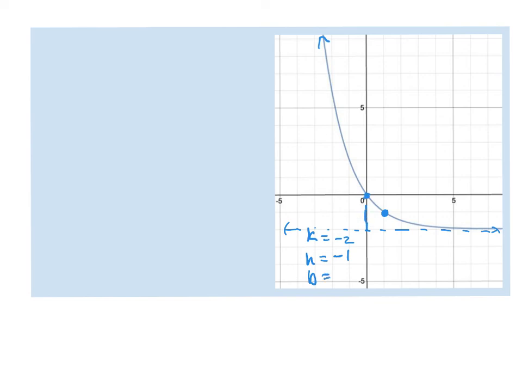Notice that is 2 units away from the asymptote, so that means my b is going to be 1/2. And again, it goes up to positive infinity over here, so that means that it is positive. So my equation will be y equals 1/2 to the x minus 1 minus 2.